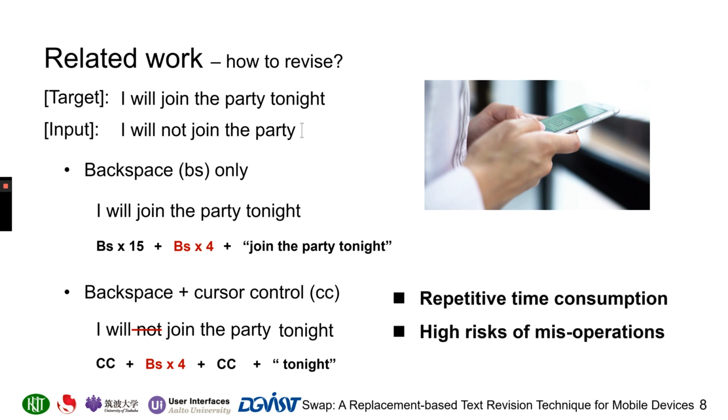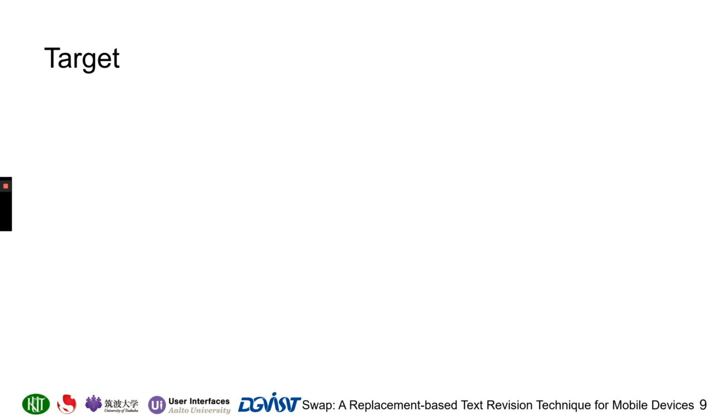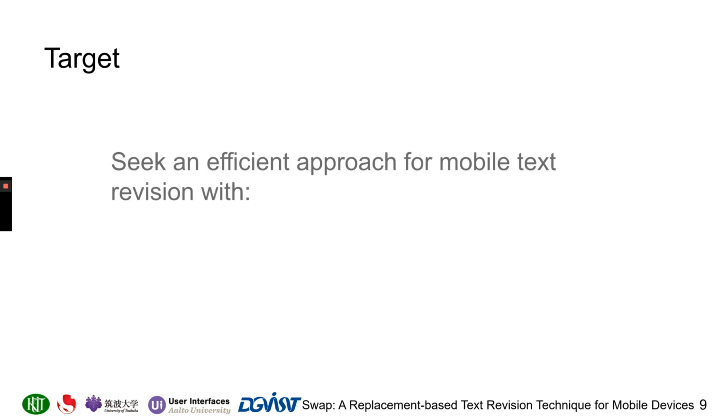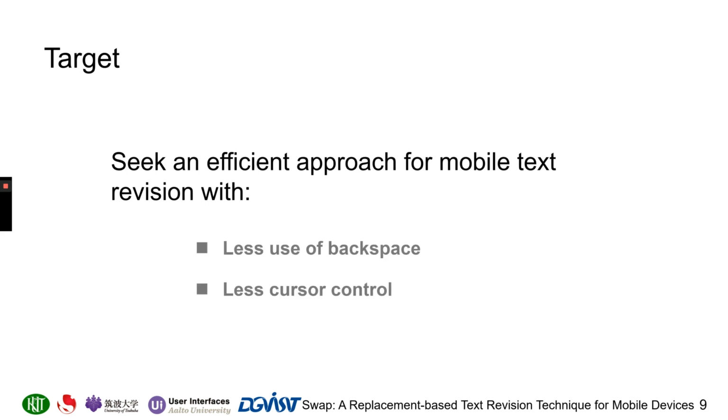These two solutions fit the need of text revision, but bring time-consuming operations. To facilitate users' text revision on mobile devices, we want to find an efficient approach to revise text with less use of backspace and less cursor control.